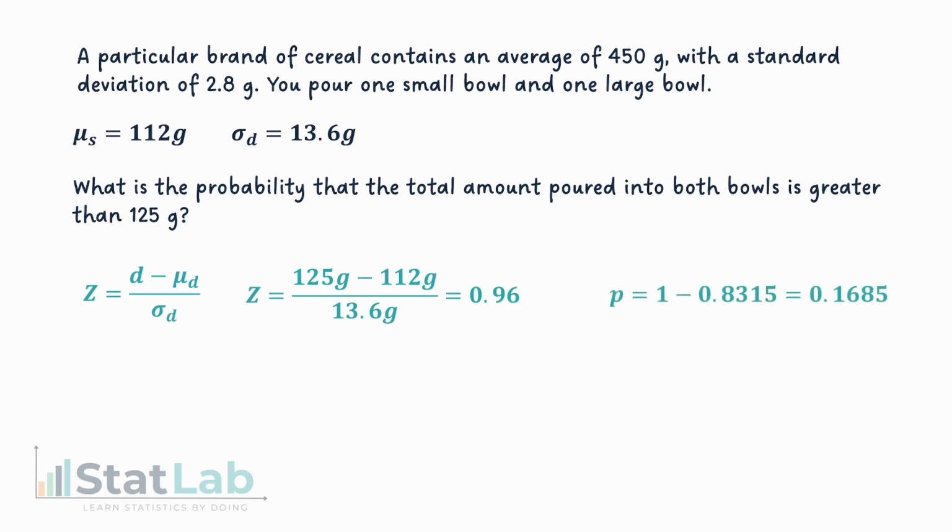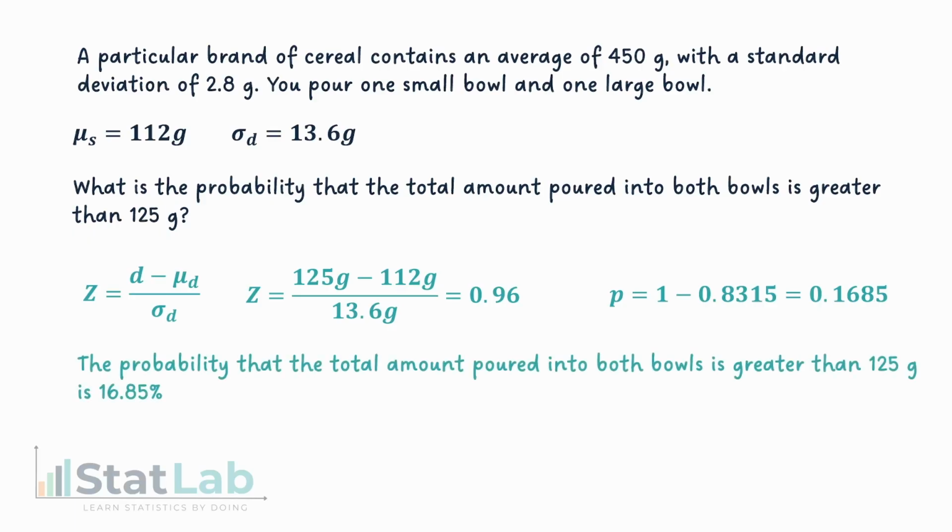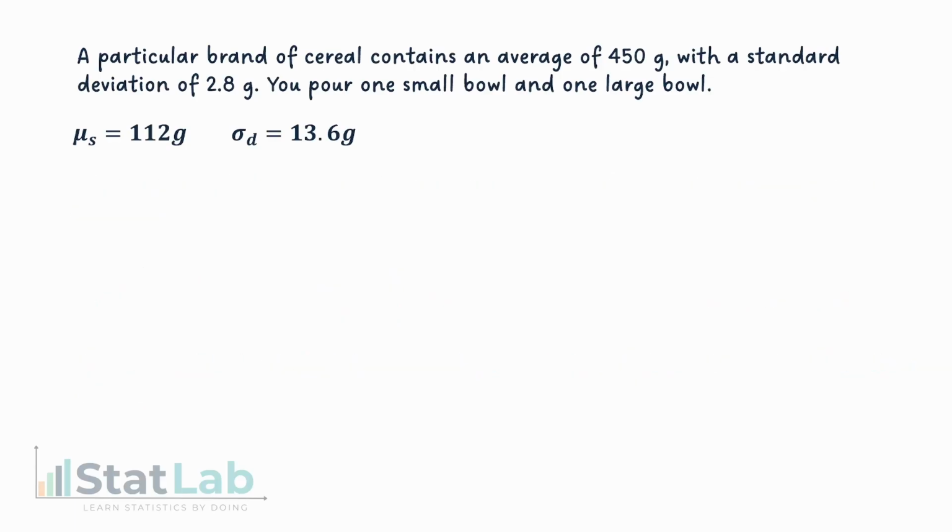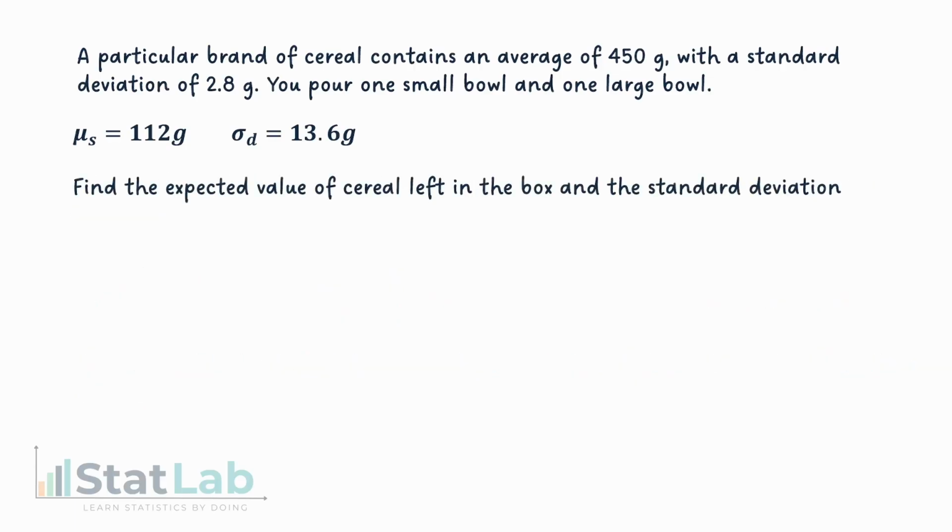When we take this to the z-table, we need to subtract it from 1. So in this case, we find 0.1685. That means the probability that the total amount poured into both bowls is greater than 125 grams is 16.85%.